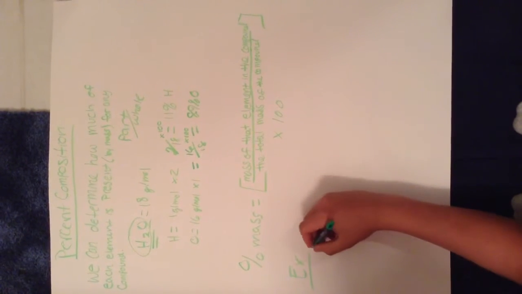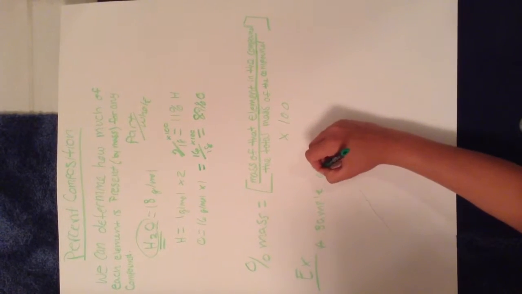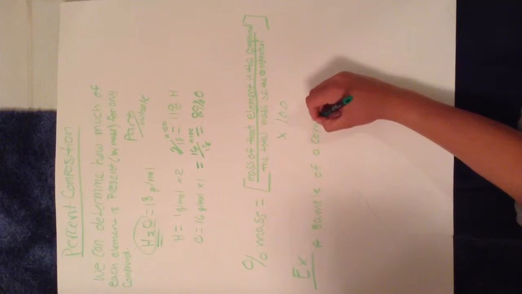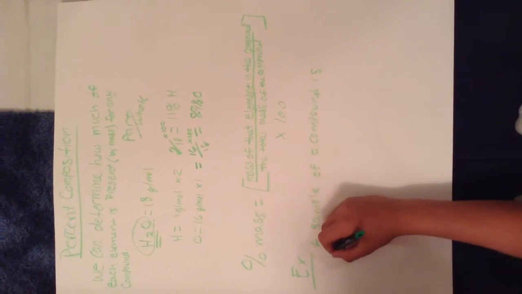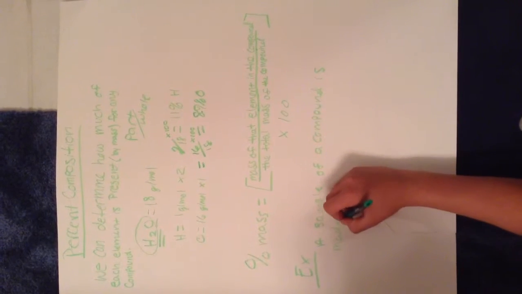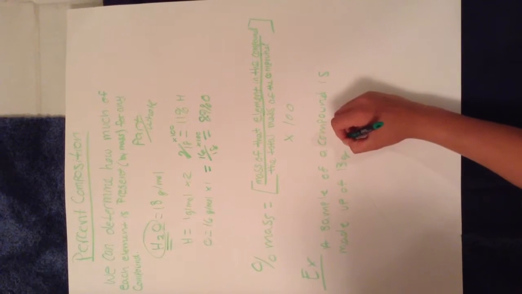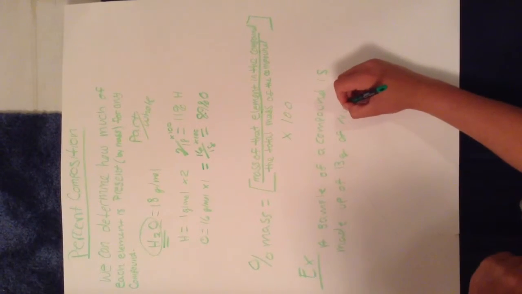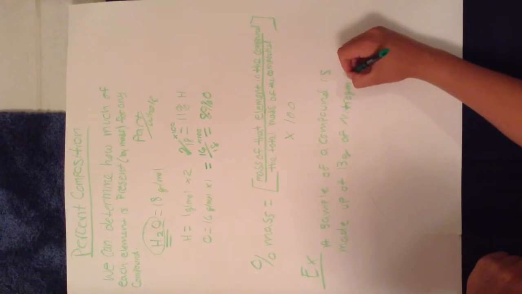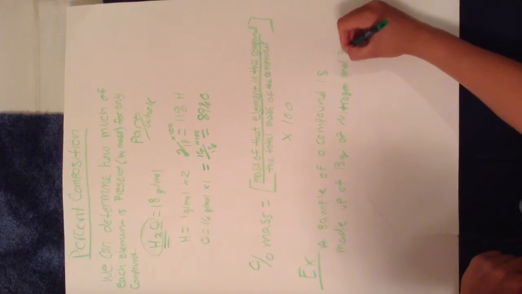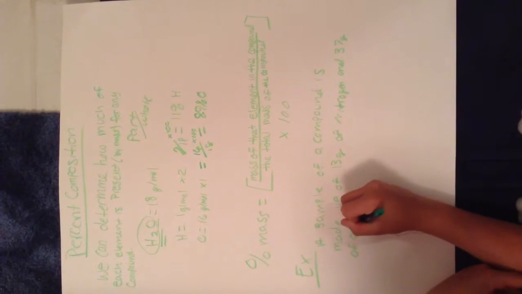we have a sample of a compound that is made up of 13 grams of nitrogen and 37 grams of oxygen.